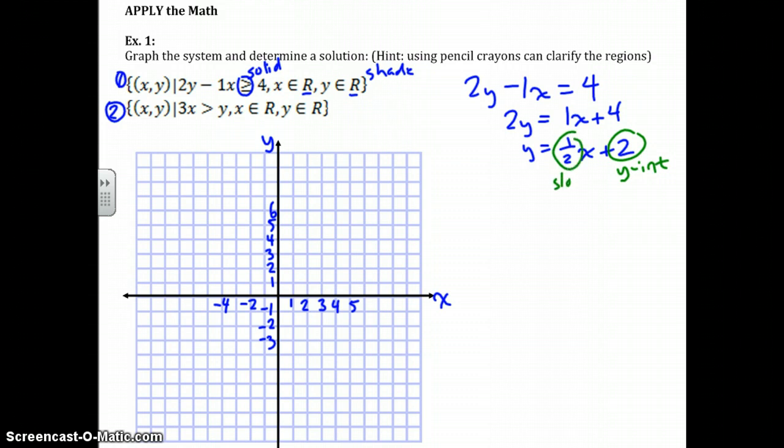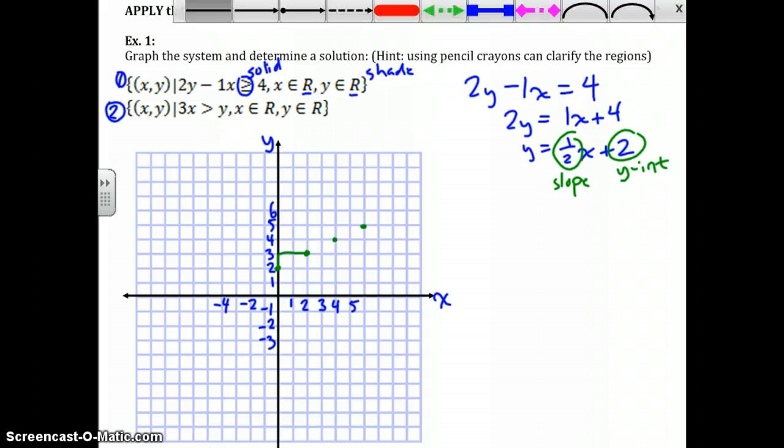We've got a slope of 1/2, so we put a y-intercept there at 2, and the slope of 1/2 means we go up 1 over 2, find a point, up 1 over 2, find another point, up 1 over 2, find another point, and we could do that as many as we want.